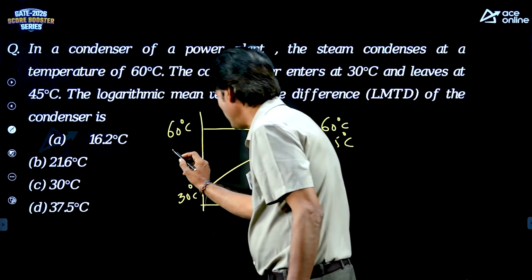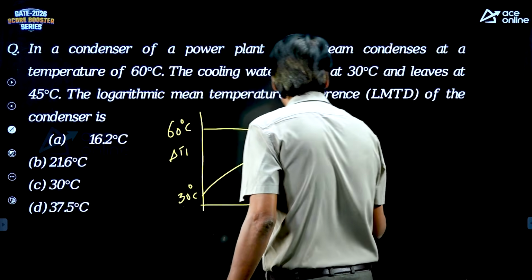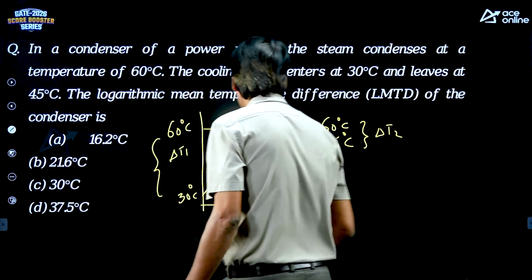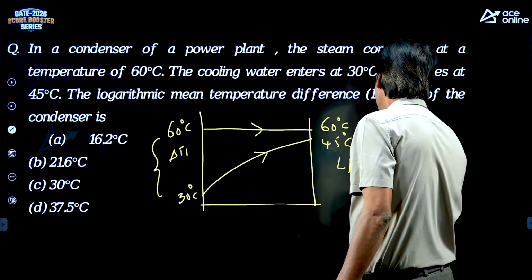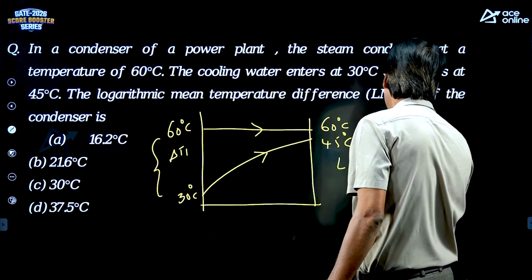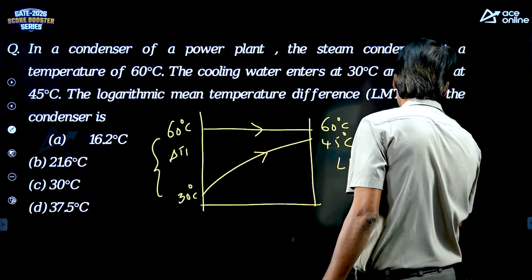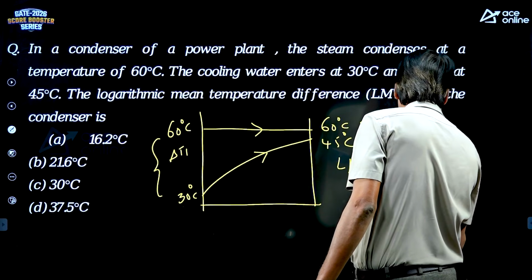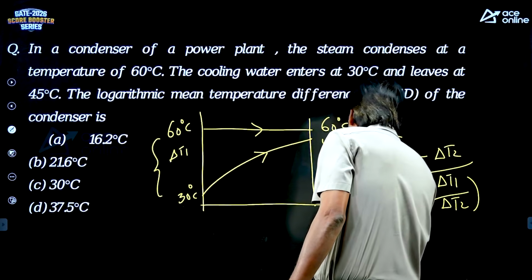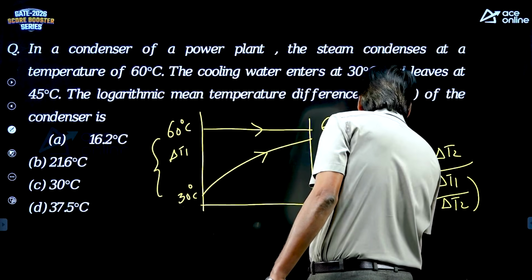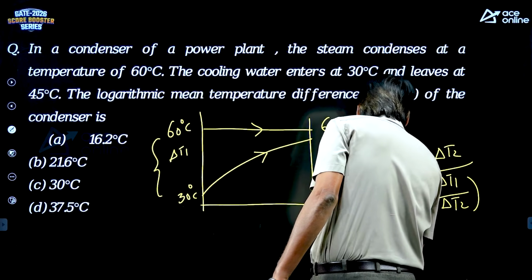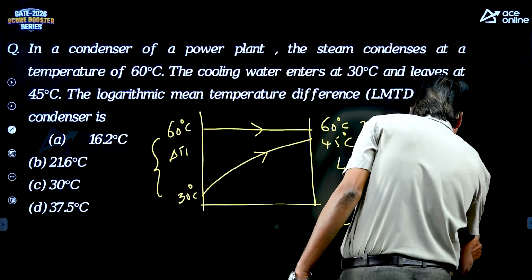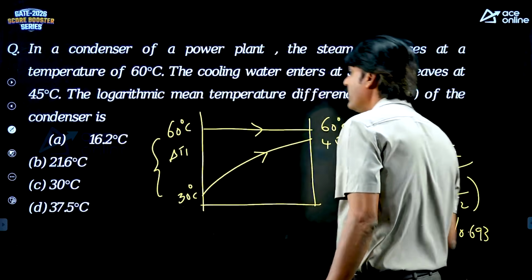For LMTD, this is delta T1, this is delta T2. LMTD is equal to delta T1 minus delta T2 by log of delta T1 by delta T2. This value is 30 minus 15 by log of 30 by 15, which is log 2, divided by 0.693.